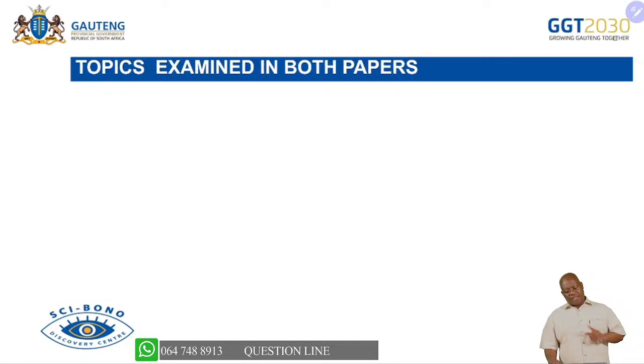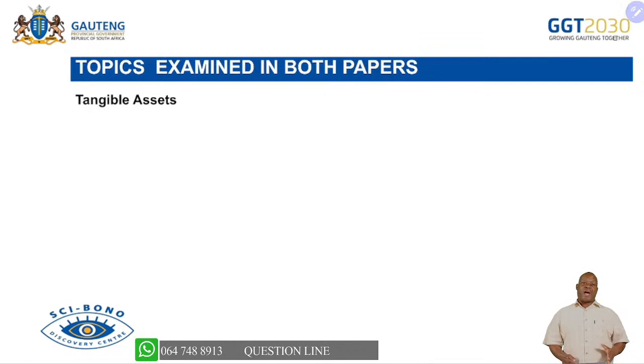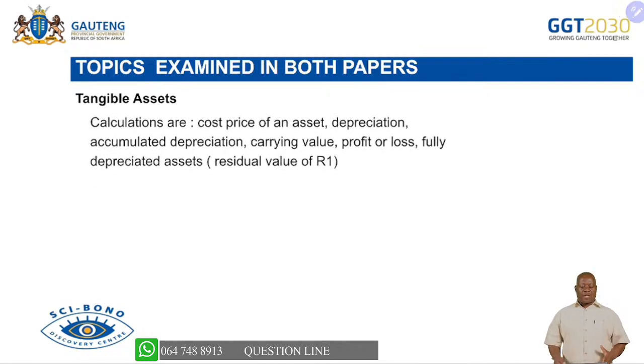Now, please take note, there are these topics that we are going to find in both papers, because these topics cannot be taken into only one paper. The first one is tangible assets. Now, please take note, in preparing our statement of comprehensive income, we are going to have to deal with issues such as depreciation, profit on sale of an asset, loss on disposal of an asset.